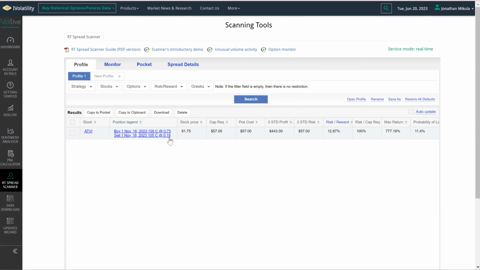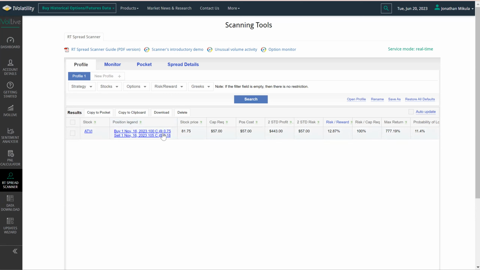So what this tells us is the maximum capital required. Now, how do we get to this? Well, we're buying something for 75 cents, but we're selling the other leg for 18. So 75 minus 18 is 57. Multiply by 100 shares per contract, and that's how we get the 57 capital required. Our maximum potential profit. How do we come to this?